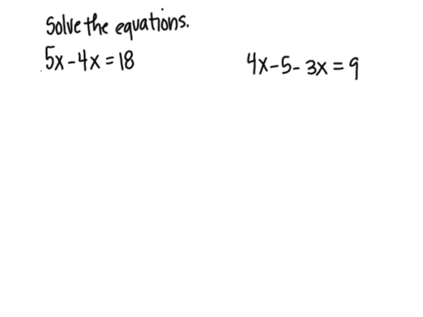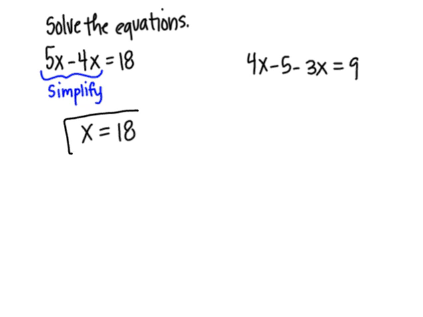So if the x's are on the same side, all you have to do is simplify them. Do not change the sign, do not move them, just put like terms together. So 5x minus 4x would give me a 1x. So 1x equals 18, and that would be my final answer.